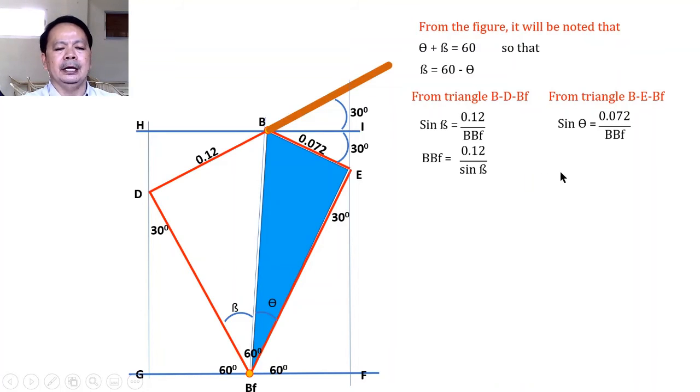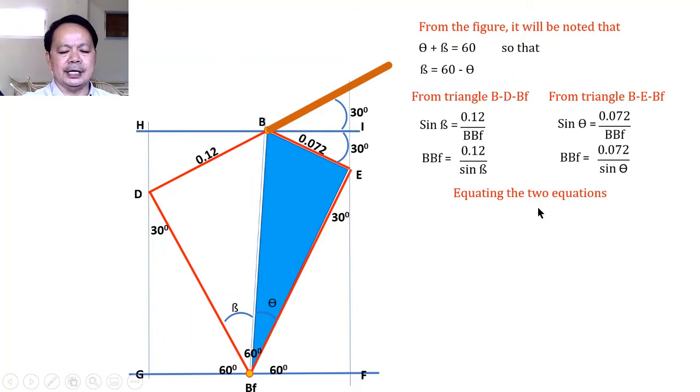And from here, BBF can be solved as 0.072 divided by sine of theta. And because BBF is equal to BBF, we can equate the two equations. So 0.12 over sine of beta shall be equal to 0.072 over sine of angle theta. But we just expressed that beta is equal to 60 minus theta.